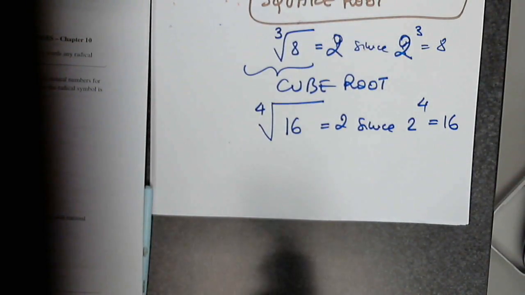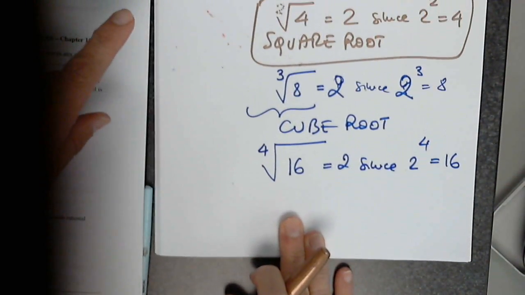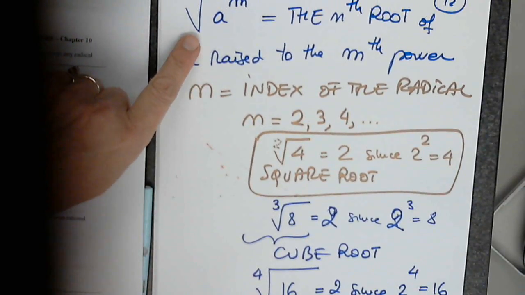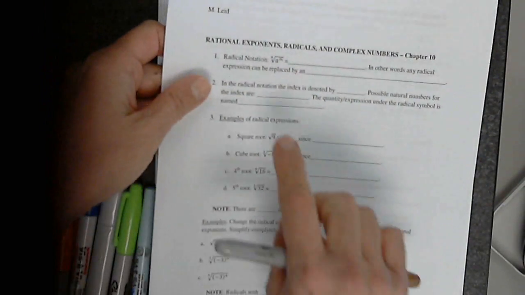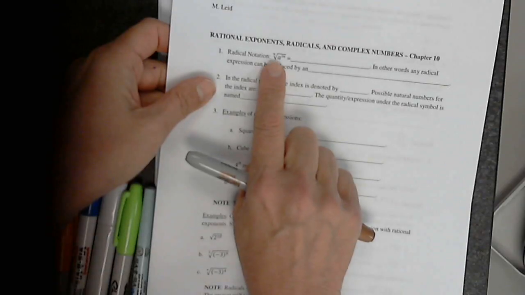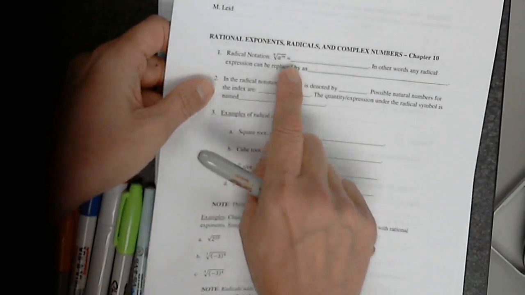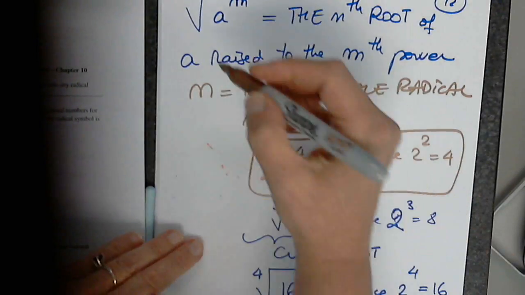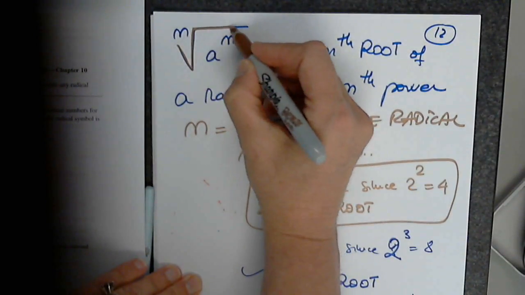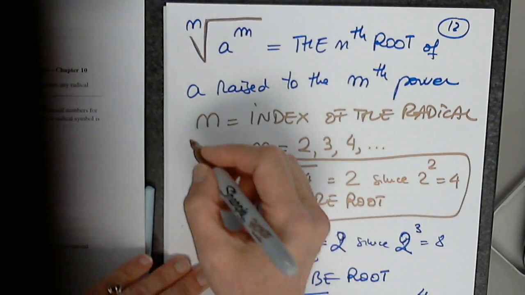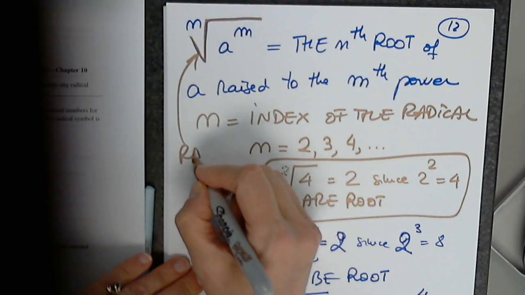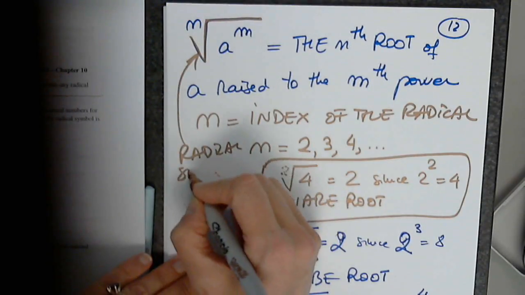Okay, I'm coming back to this notation. This is what it's called, the radical notation. It's on the handout. The radical notation is the nth root of a to the mth power. Okay, so now this symbol is the radical symbol. That's the radical symbol.